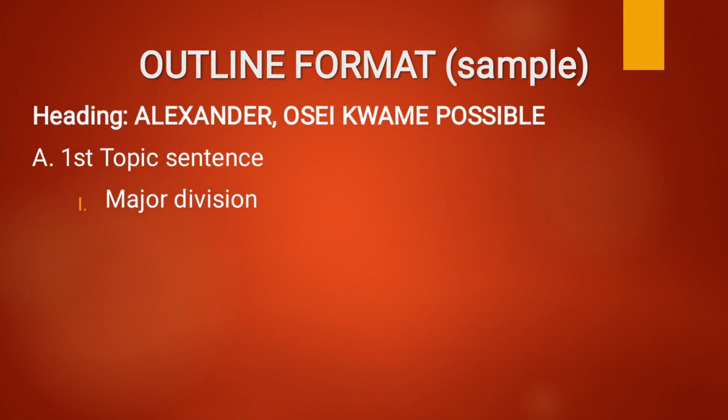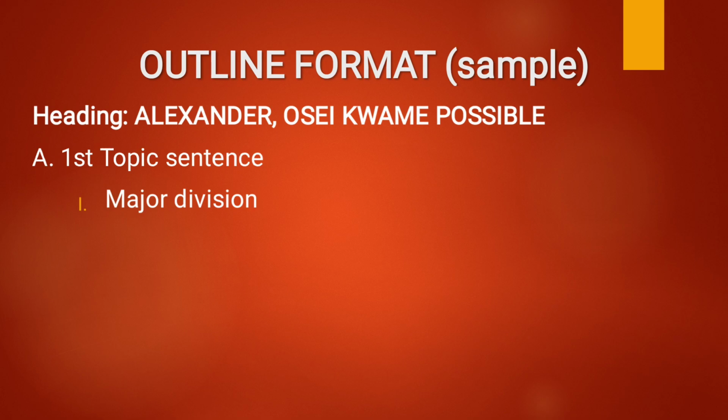Next one is my major division or major supporting sentence. If you look at it carefully, I'm using uppercase Roman numerals for all my major divisions. So even if I'm writing about 4 pages, all my major divisions or major supporting sentences are going to follow this pattern.